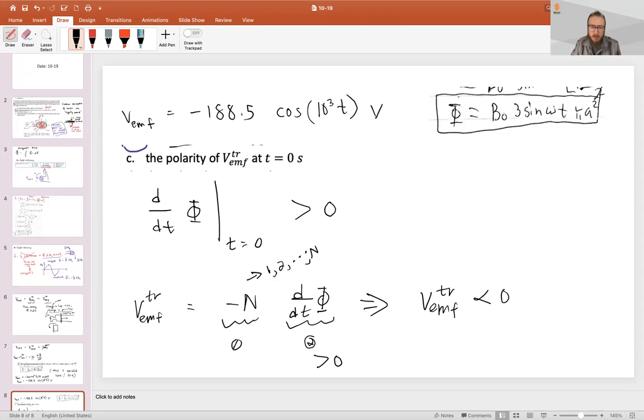So if you evaluate the derivative of the flux at a given time, this minus N is going to modify that derivative and tell you whether your EMF is greater than 0 or less than 0.